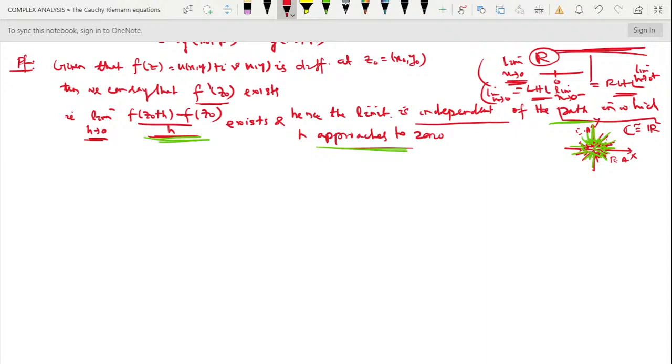So limit h goes to 0, and all things are complex numbers. So let h equal h1 plus i h2. If your h is h1 plus i h2, now consider f of z naught plus h minus f of z naught divided by h. What is this thing? Your f of z is u of x y plus i times v of x y.